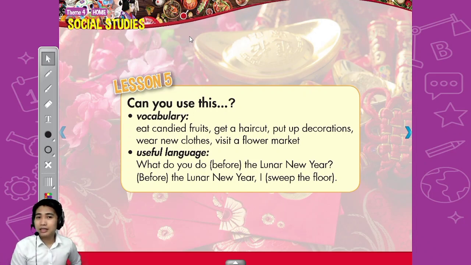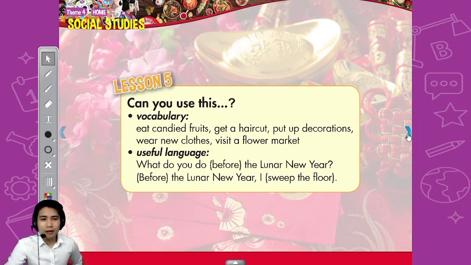Social studies is a study of history, people, and society. But in this topic, we are going to focus on the people and society. As you can see here, these are your new vocabulary words and useful language.